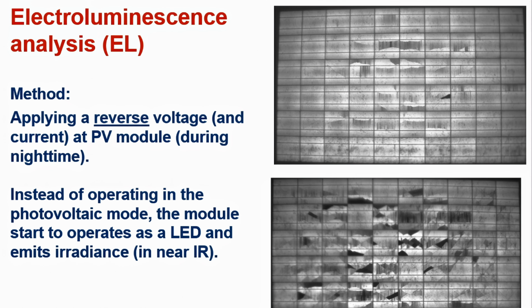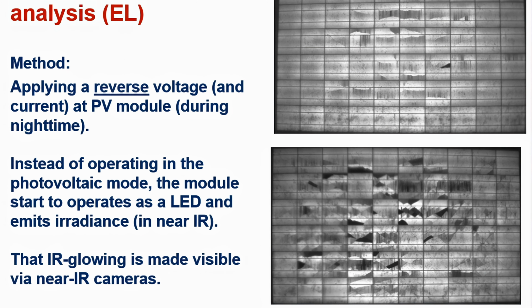While physics is usually reversible, the parts of the PV module which work well in photovoltaic mode also work well in LED mode. That means the bright parts are quite good, so this is working well. The dark parts don't work in LED mode and neither in photovoltaic mode.